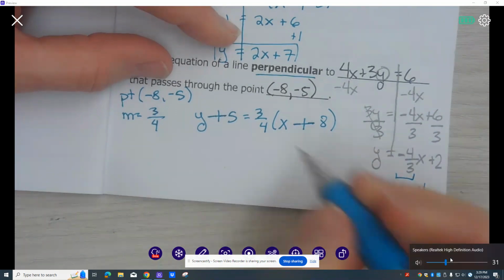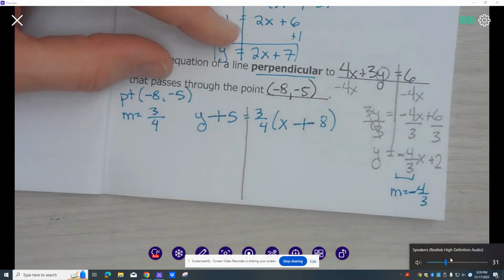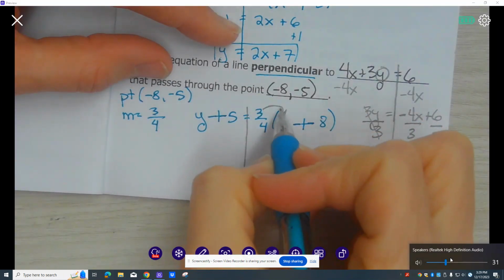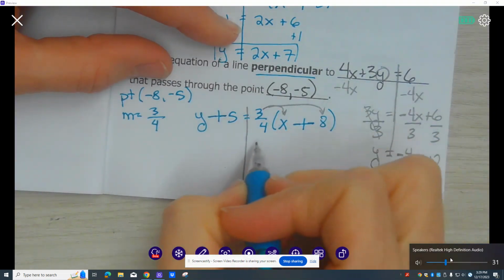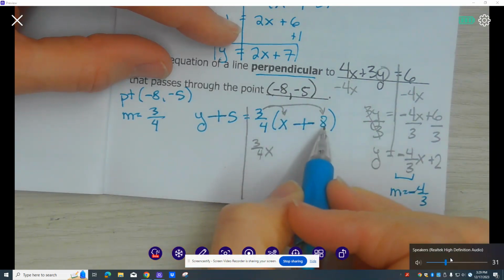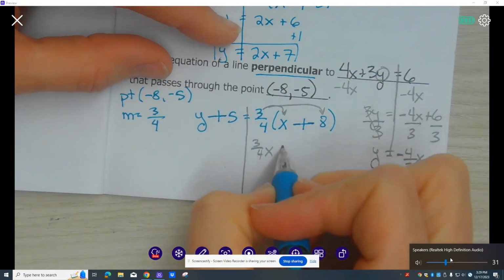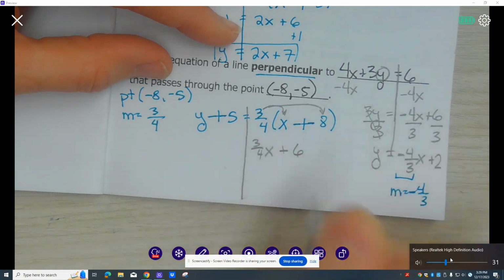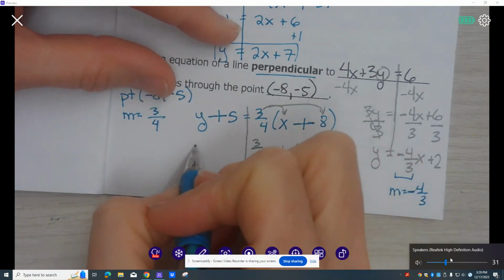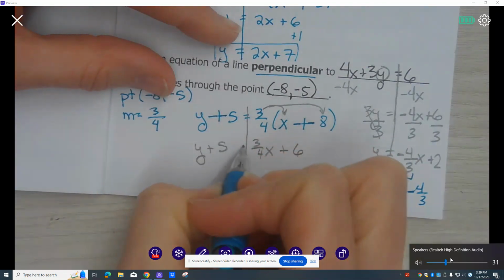Okay, and let's put this final answer in slope-intercept form just to practice that. So 3/4 times x and 3/4 times 8. That would be 3/4 x plus 6. Remember, if you're not sure, just put that in your calculator. 3/4 times 8. And then over here I have y plus 5.